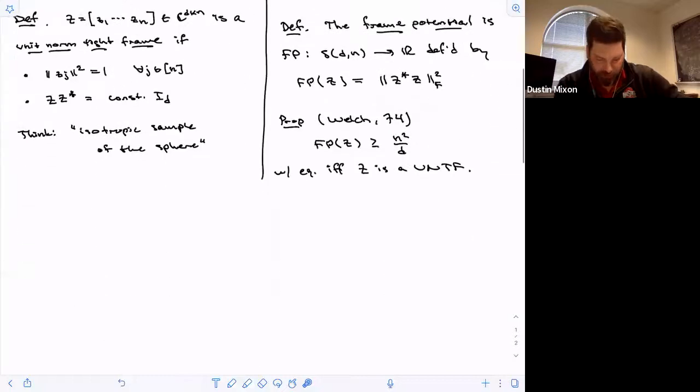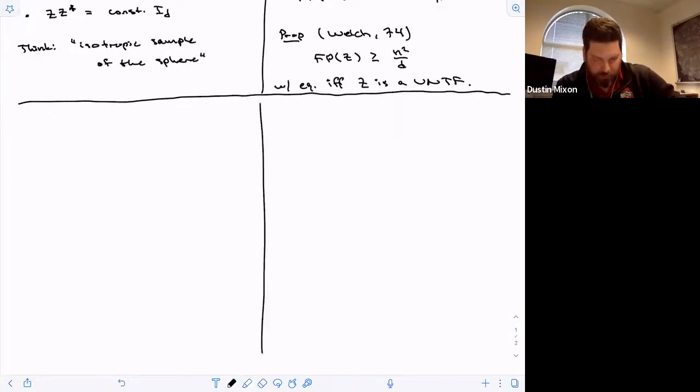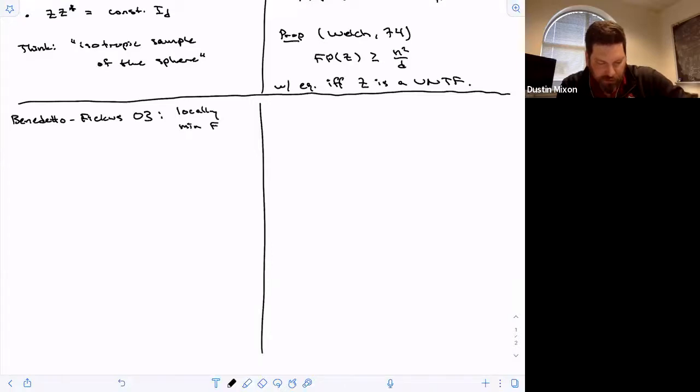Okay, so the frame potential received its name from Benedetto and Fickus. They were actually thinking about, back in 2003, what happens when you locally minimize the frame potential.